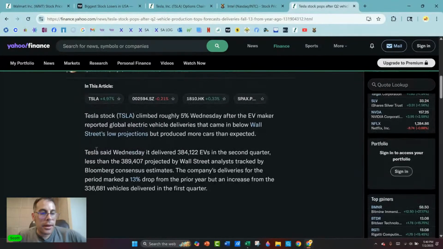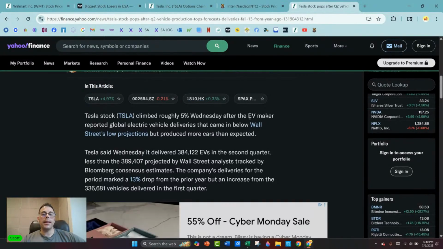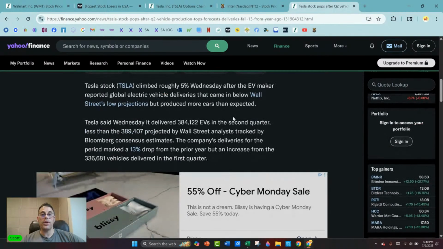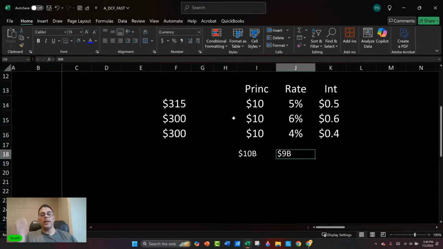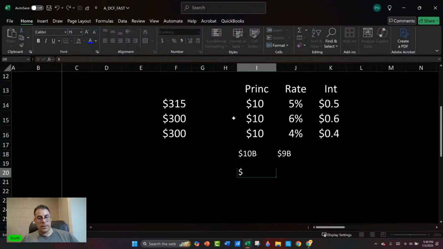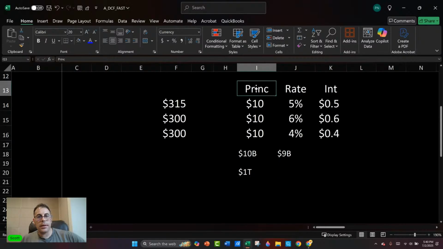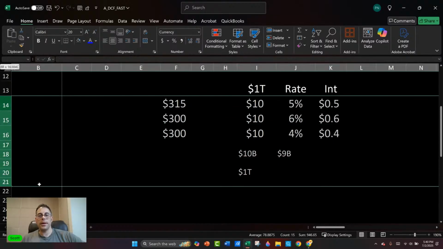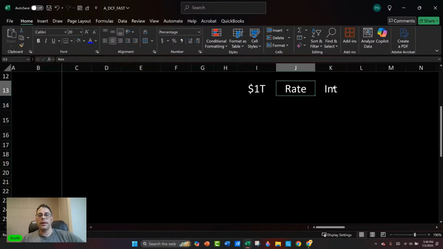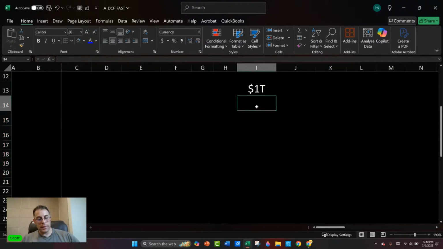But yeah, so Tesla climbed 5% today. 5%, that's a lot for a $1 trillion company. Because if you think about it, $1 trillion, so 10% is 100 billion, right? So 5% is 50 billion.